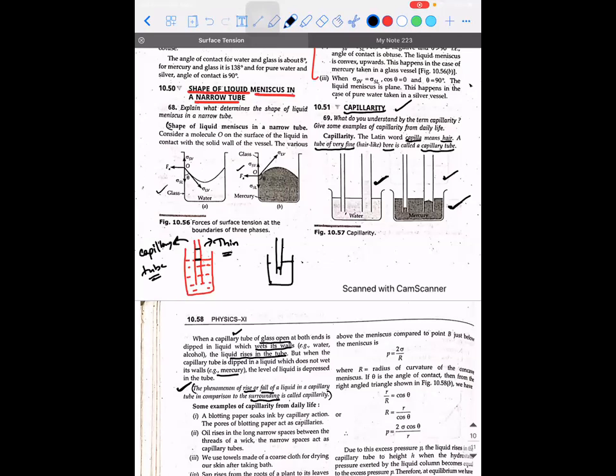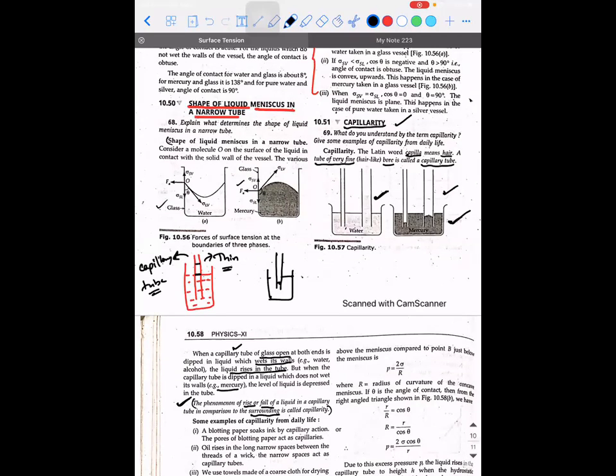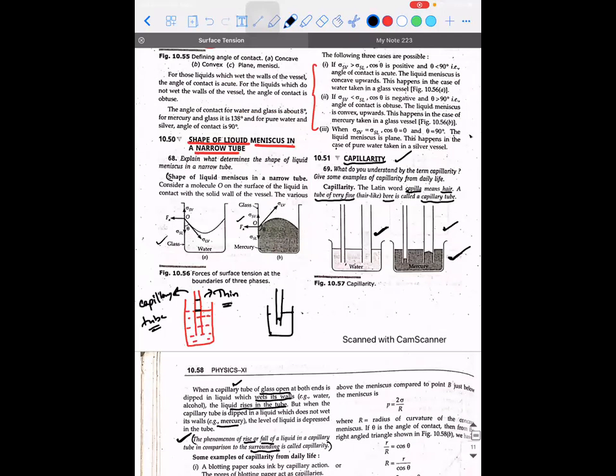Now I'll ask you some more questions, guys. Let's say you're writing on a paper right now. You're making notes of the lecture. So when you're writing on a paper, there are different qualities of paper. Have you ever seen a low quality paper? Yes, sir.